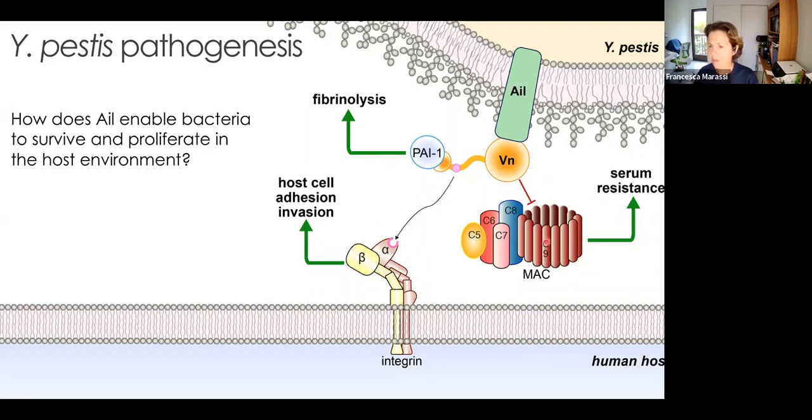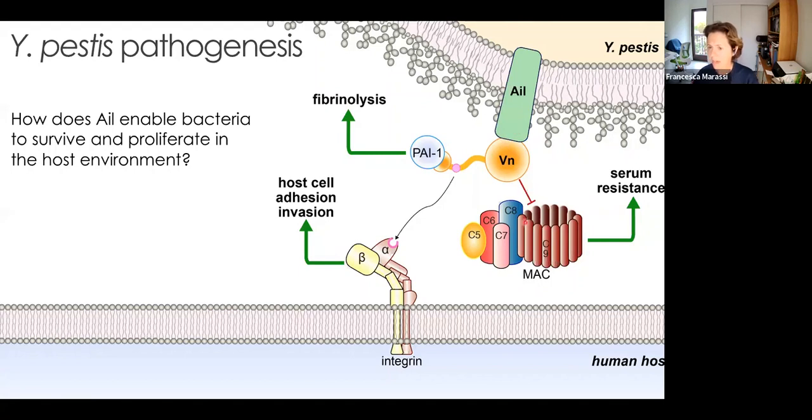And it's also important for stabilizing the membrane attack complex, okay? So this sort of terminal assembly of the innate immune complement system that is important for actually punching holes into bacterial membranes, but if downregulated, will not do so.